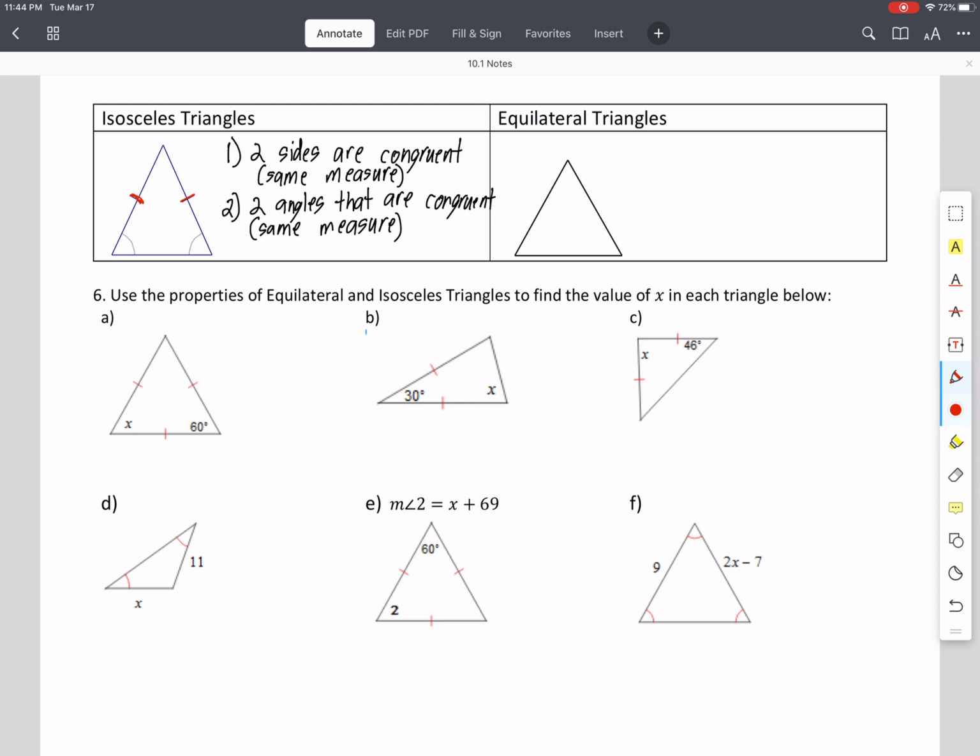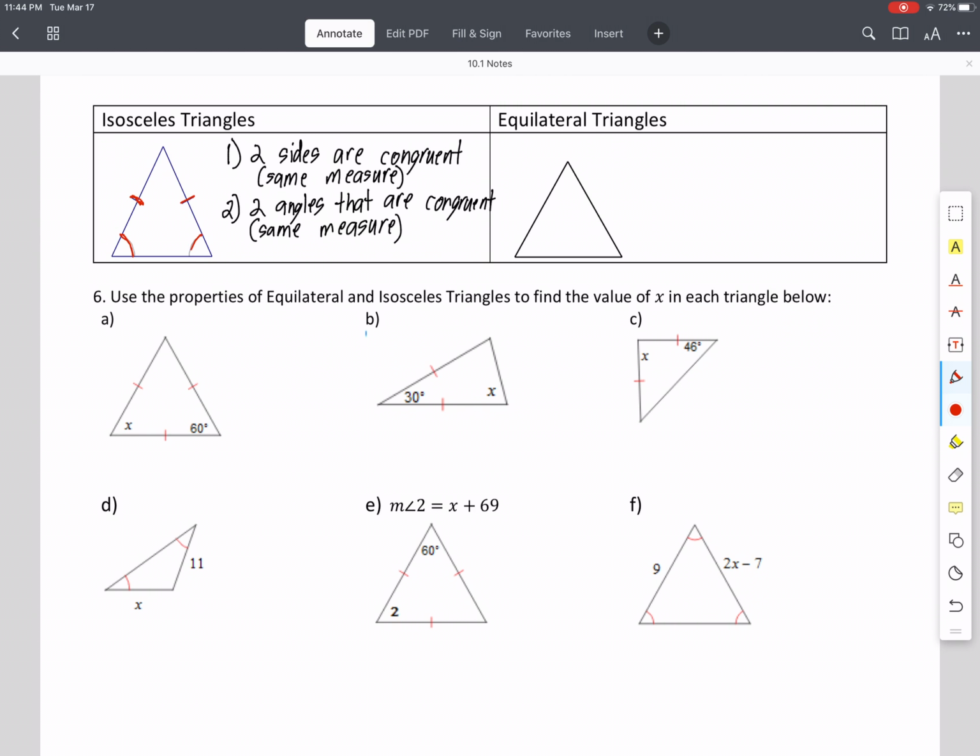And much like with the sides, whenever we have angles that are the same measure, you just put this little arc in there, denoting that those are the same. Kind of got a little angry face going on in that triangle. But that's how you denote that. And you may get into different things later on where you have two different lines, because then you have bigger shapes that are congruent, different things like that.